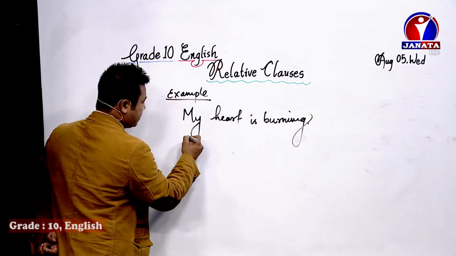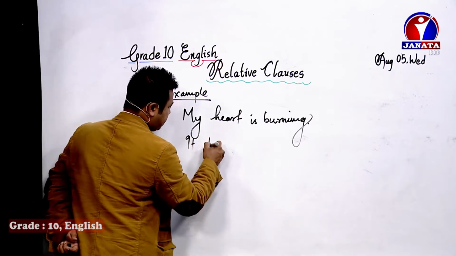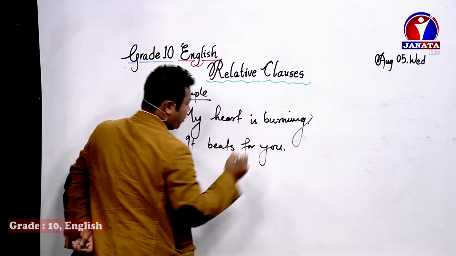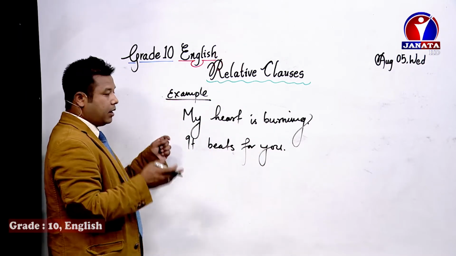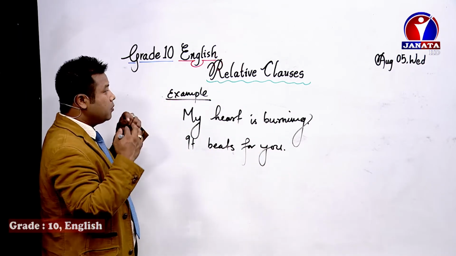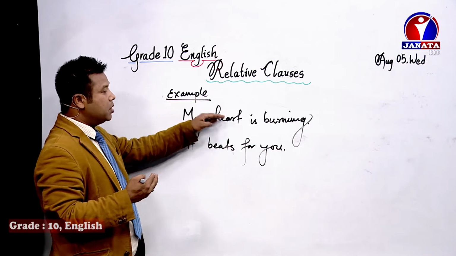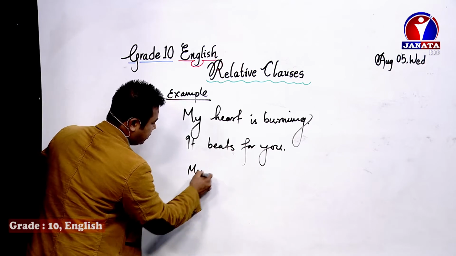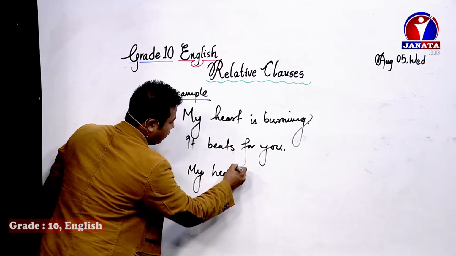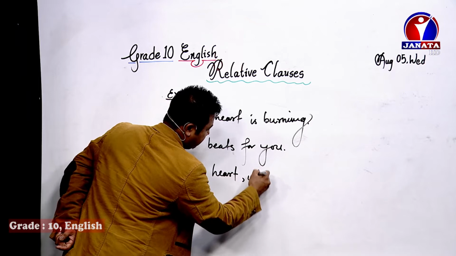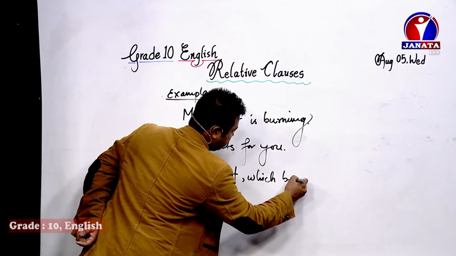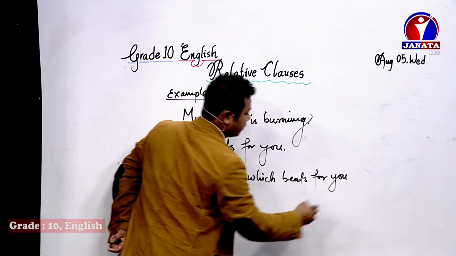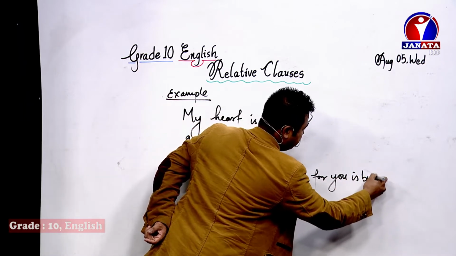And the second is: it beats for you. Now my task is to use a relative clause, so I'm going to merge these two sentences into one, and I would do it like this: My heart, which beats for you, is burning.